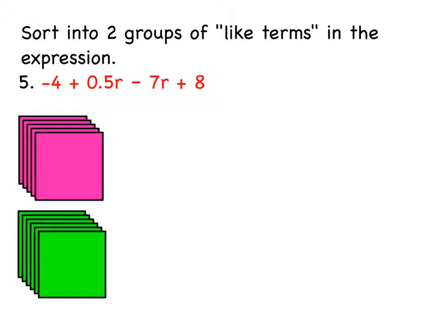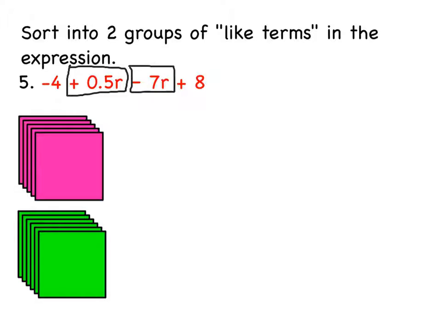All right, now we're going to try it again, but instead of using stickies, I want to show you how you can use your pen and pencil. So this time, anytime I see a term with an R in it, I'm going to put a box around it. So I have plus 0.5R. Notice I included the sign in front. And then I have -7R.